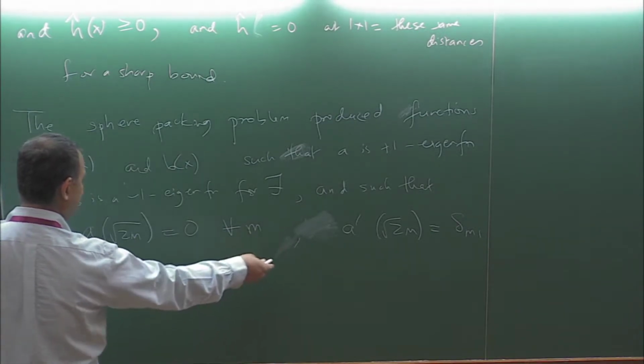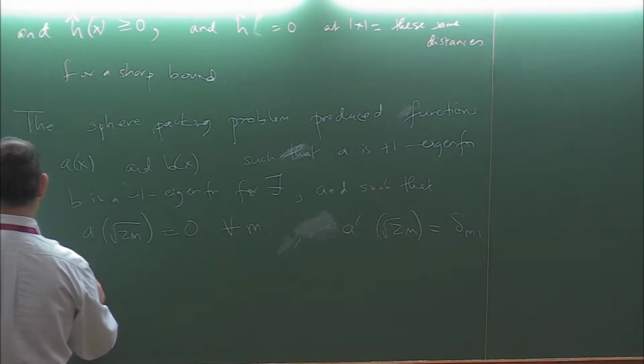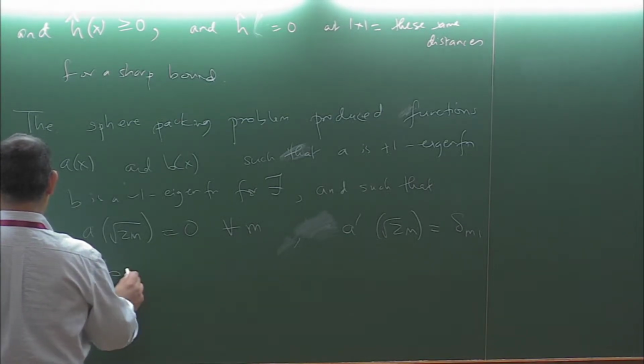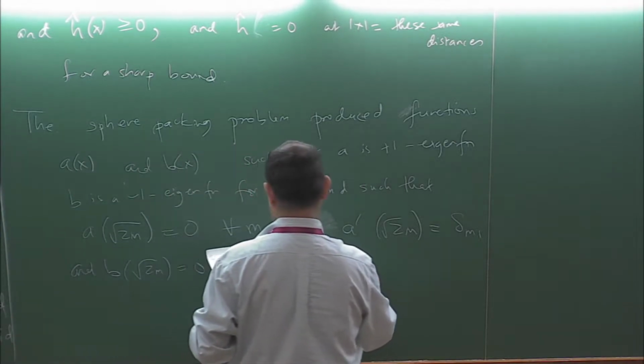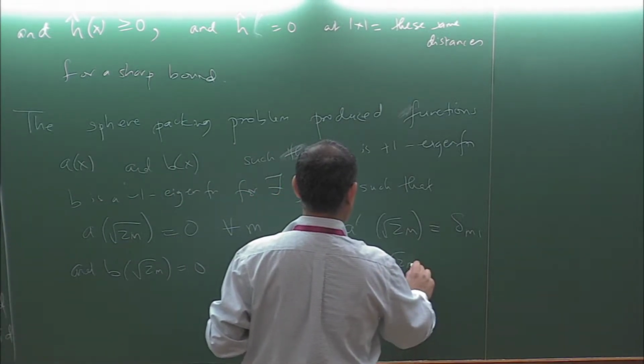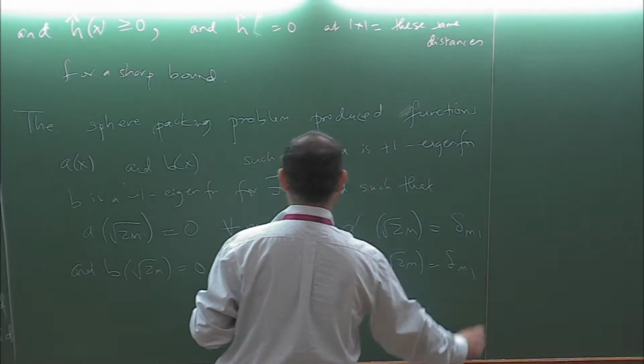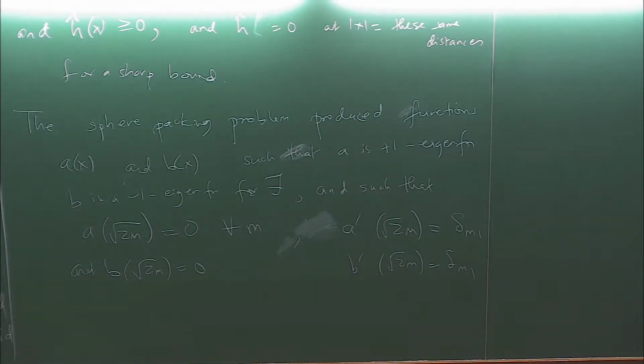And so we can normalize it to be just 1, and similarly B of the square root of 2m is 0, and B prime at the square root of 2m is delta m1. Okay, so plus eigenfunction, minus eigenfunction satisfying these properties.